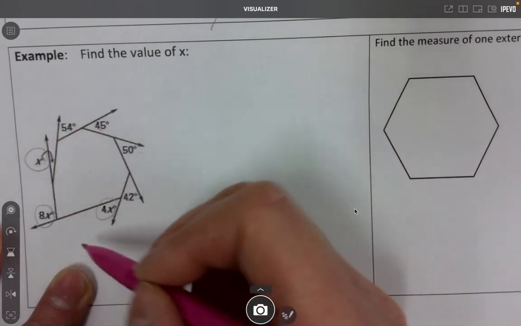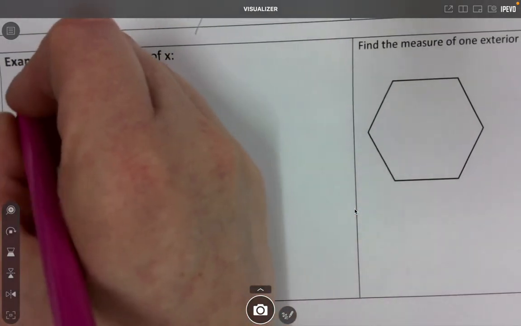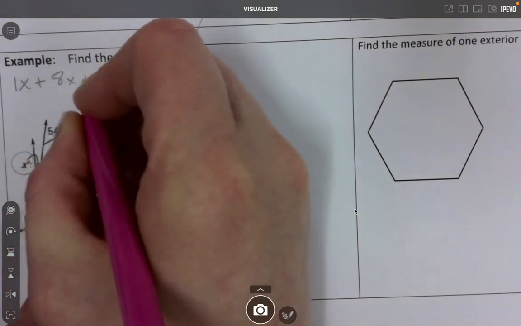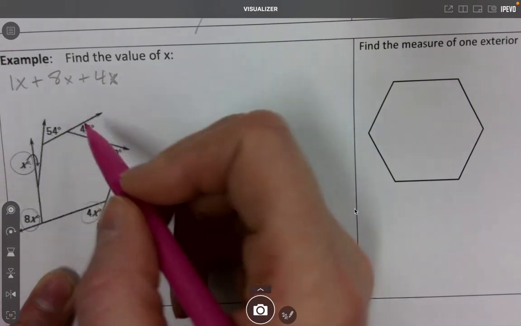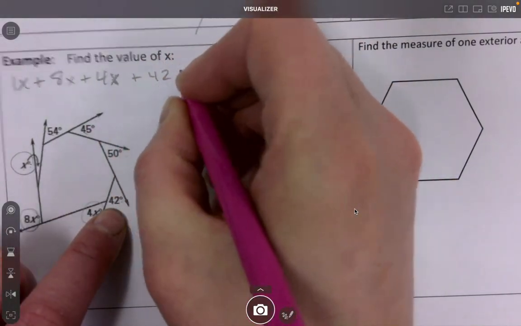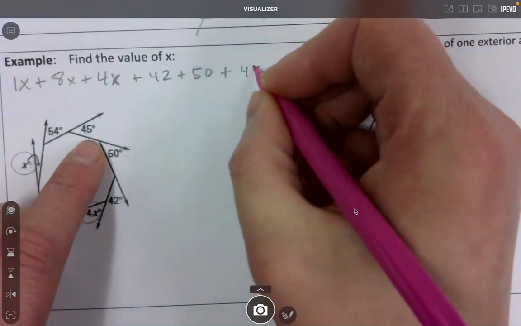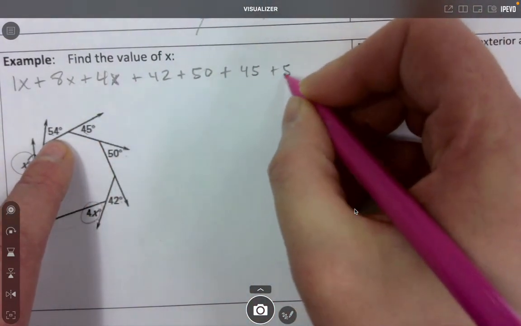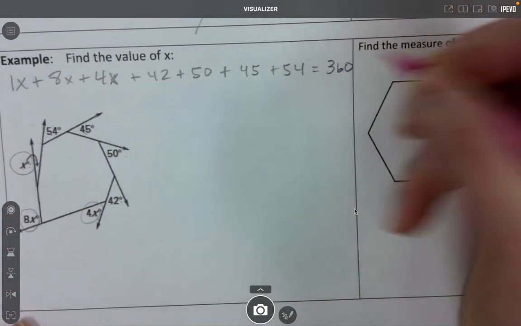But all of these angles together are going to equal 360. So I'm going to start with my x's, 1x plus 8x plus 4x, and as long as I'm going around my shape, I'm going to keep going around, plus 42 plus 50 plus 45 plus 54. All of those angles together are going to equal 360.